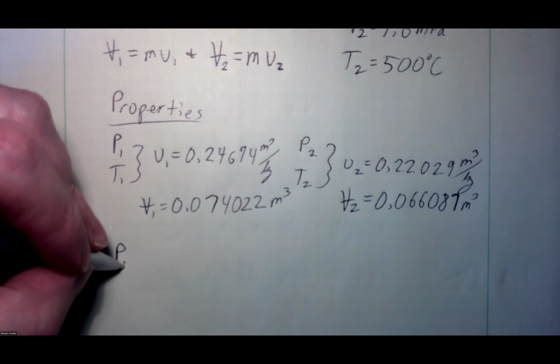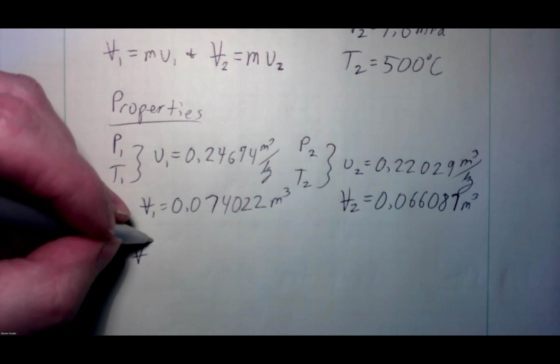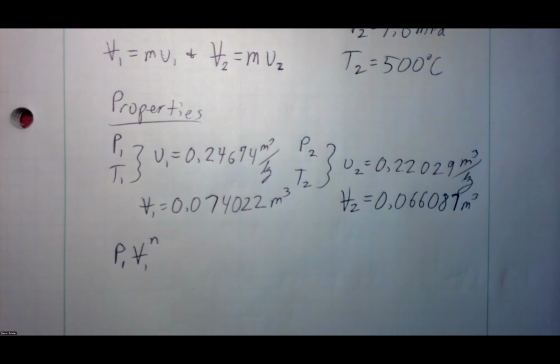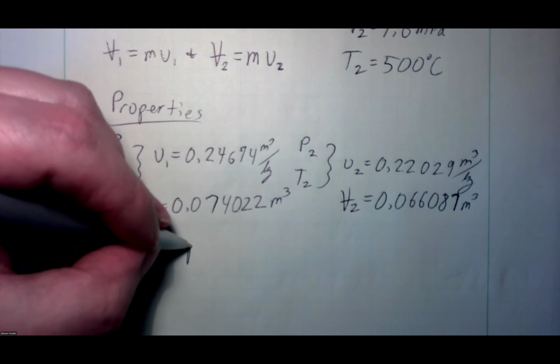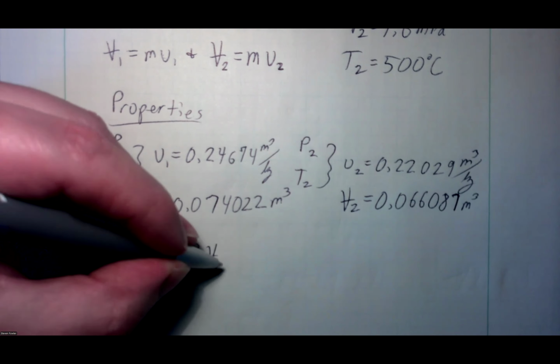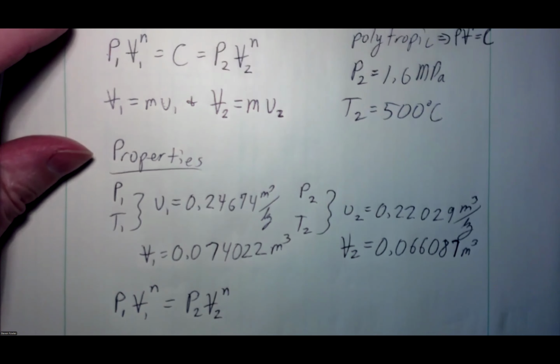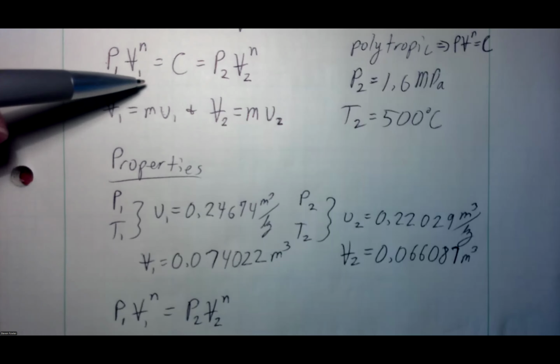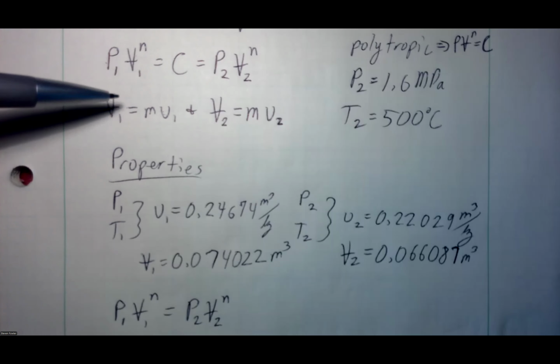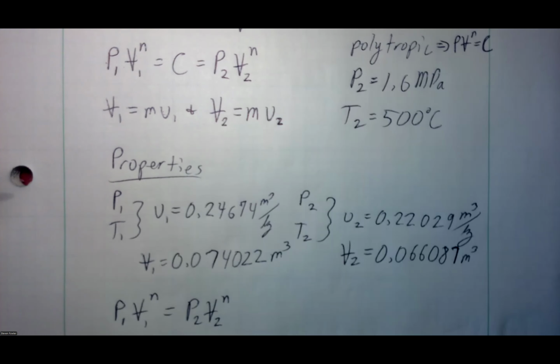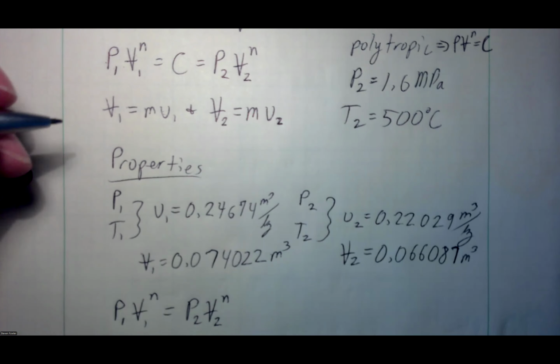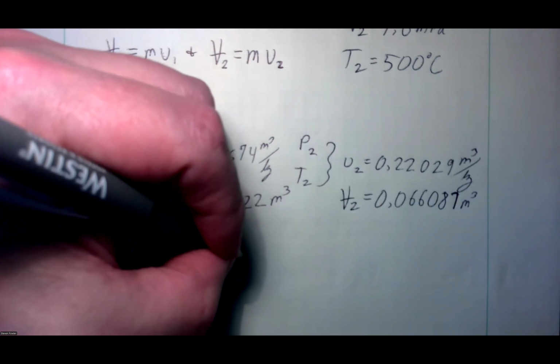Here's what I can do. I'm going to take P1 V1 to the power n, and I'm going to set that equal to P2 V2 to the power of n. What have I done? I've just taken these two expressions here, and I've substituted around C. So I set this equal to that. And then from there, I'm going to solve this out.